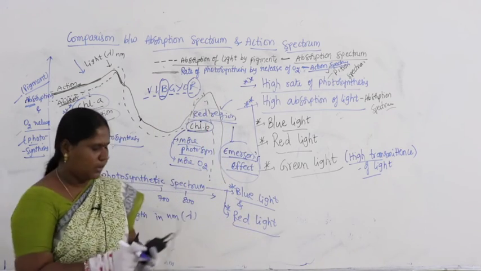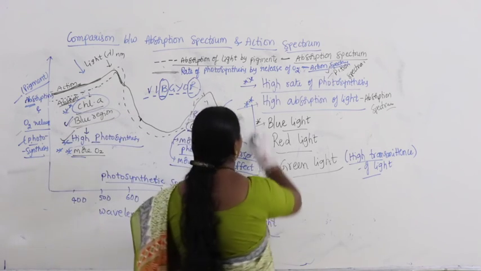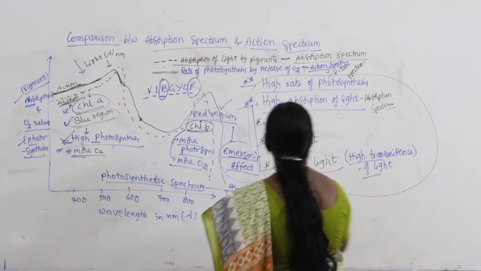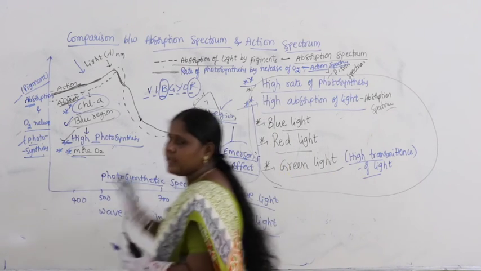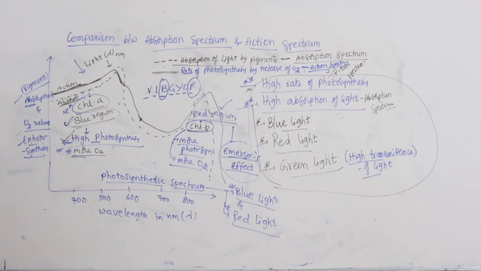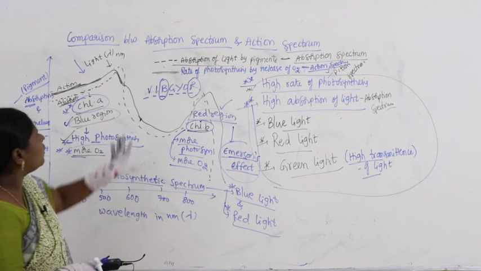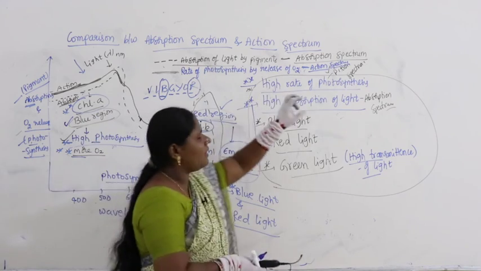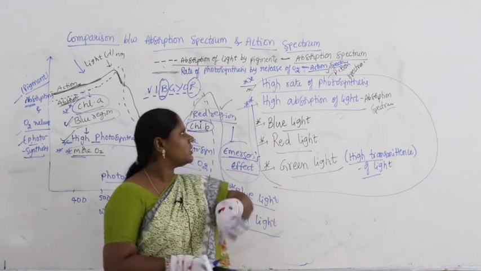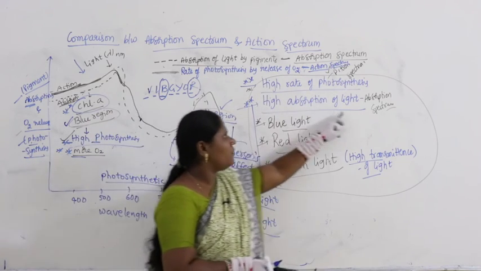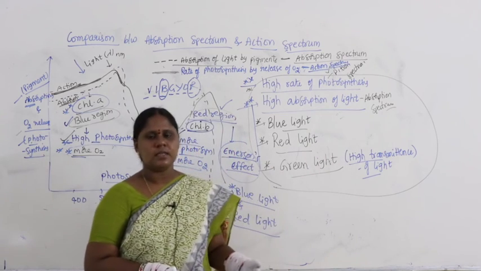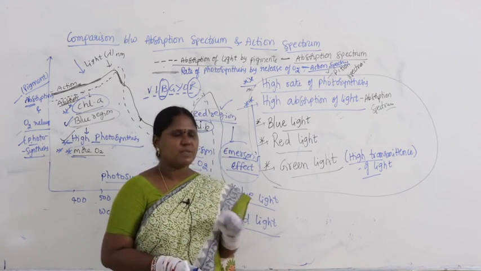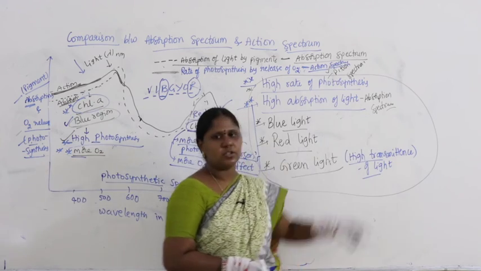But what is important here, this part is very important. Why is that part very important? Whenever the question is in terms of high absorption of light by different pigments, you have to understand the question is speaking about absorption spectrum.